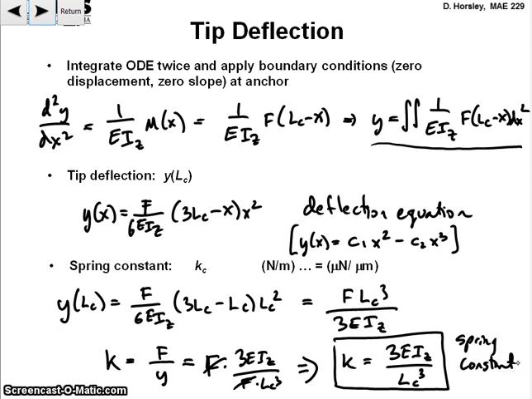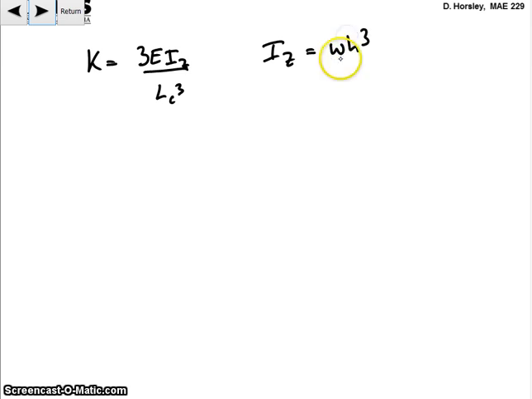And let's see, I have one more page here. So if we write it down, then we can look at it a little bit more carefully. Well, we know that Iz is WH cubed over 12.